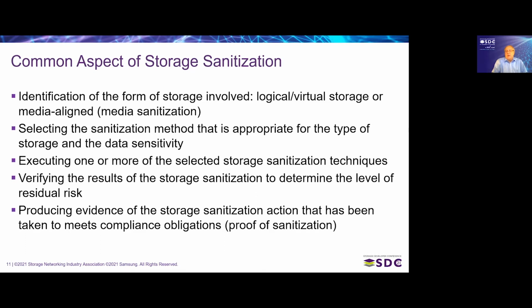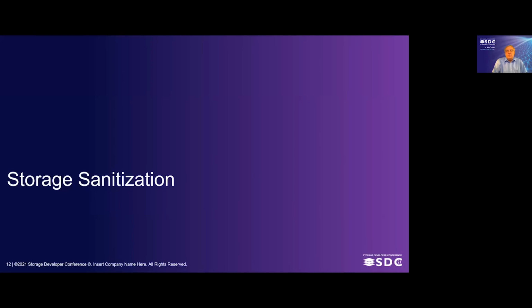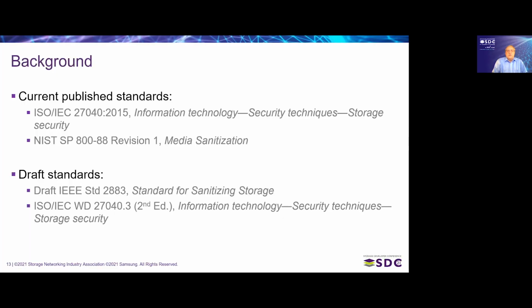It tends to be aligned with the underlying technology that you're using. Then verifying the results: did the sanitization actually do what it was supposed to do? And then recording some sort of evidence, proof of sanitization, if you will, once you've completed whatever it is you're doing.